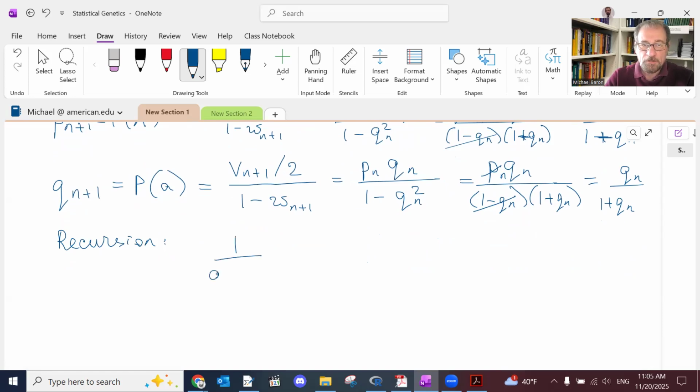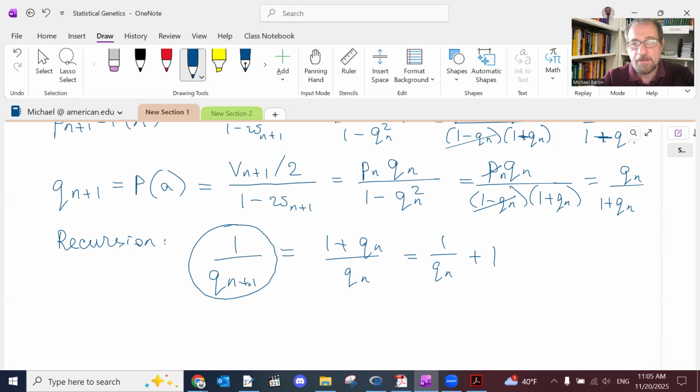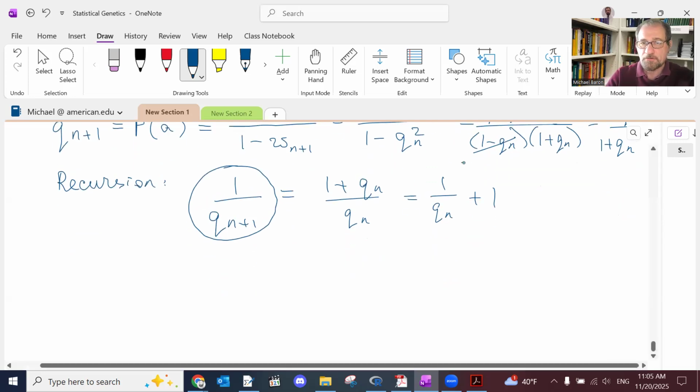1 over Qn plus 1 appears to be the same as 1 over this, 1 plus Qn over Qn. Let's divide term by term: 1 over Qn plus 1. Excellent. So the reciprocal of Qn has a nice recursive relationship.